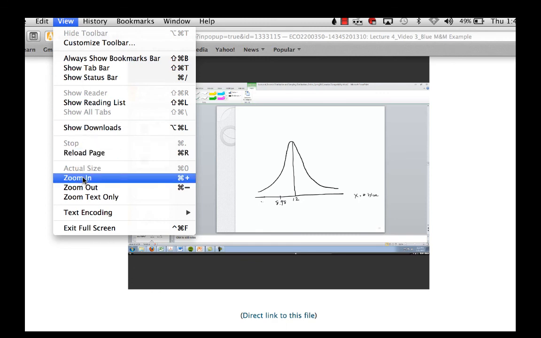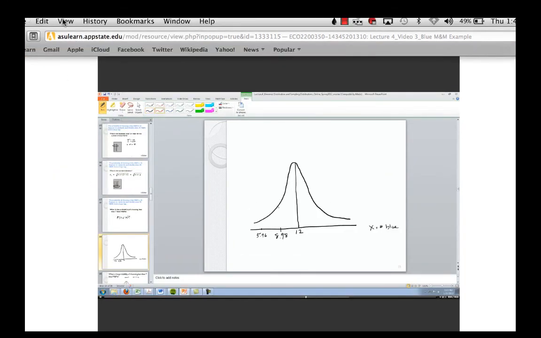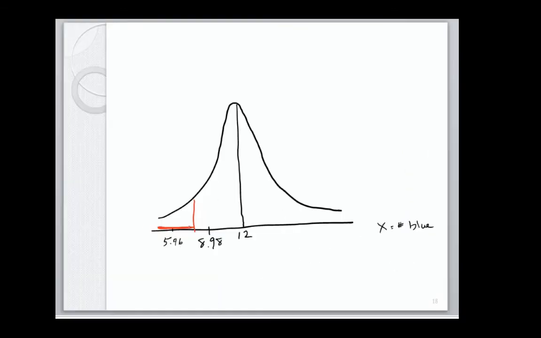Two standard deviations below the mean, 5.96. And the area we're interested in is the area less than 7, which is this area in red. And since we know that this distribution can be approximated as normal, we can use the standard normal table, the z table. And this value is going to be 7 minus the mean over the standard deviation.